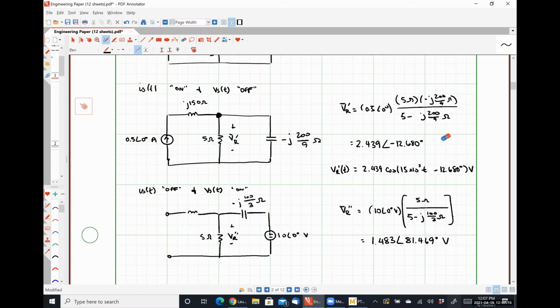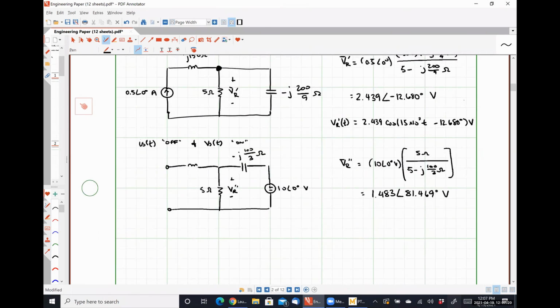That's why I was confusing myself, because I put the wrong units on there like a jackass. I apologize. Then we have VR double prime of t is going to be 1.483 cosine(10 times 10 to the 3 t plus 81.469 degrees) volts.